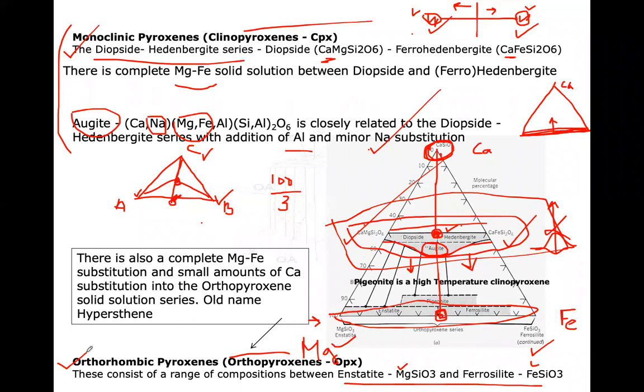In OPX compositions you don't have any calcium, and in CPX you have essentially a calcium component. Definitely there must be a calcium component in clinopyroxene, but in orthopyroxene you don't have calcium.